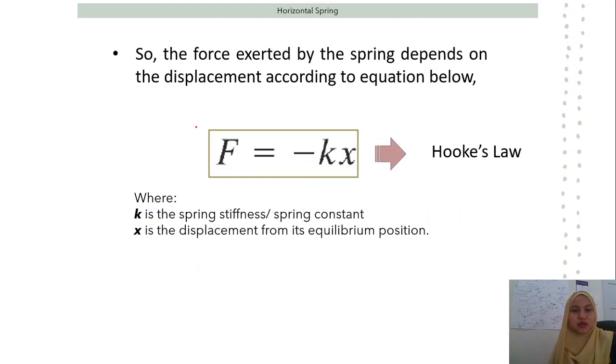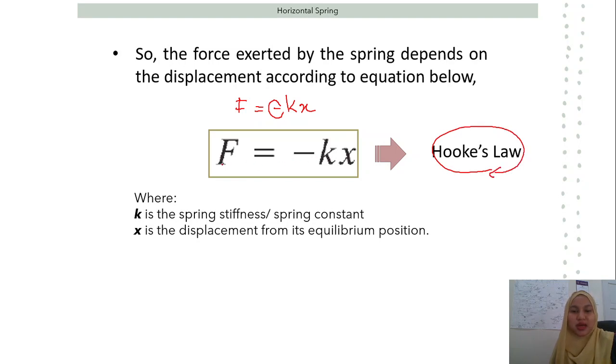The force exerted by the spring depends on the displacement according to the equation below, as we have looked at in the previous slide. We know that F is always in the opposite direction to X. That is why there is a negative sign here. This represents Hooke's law.